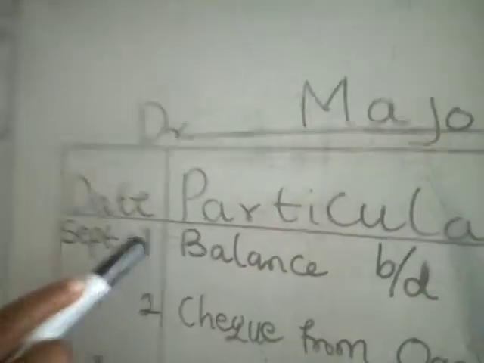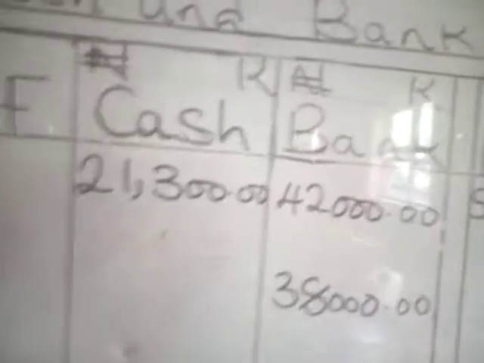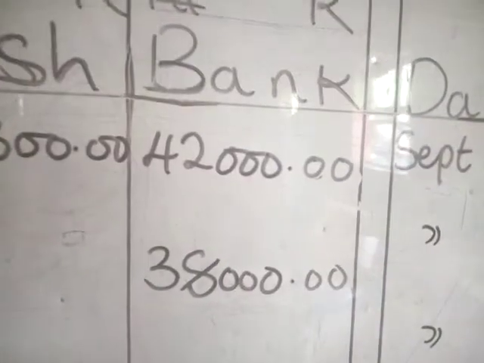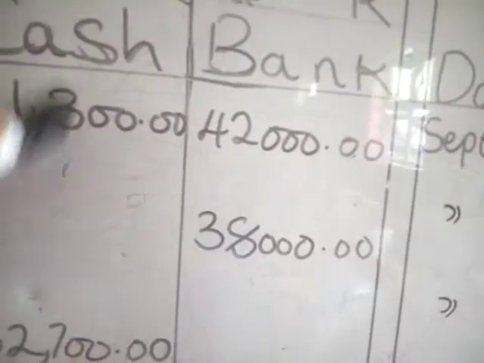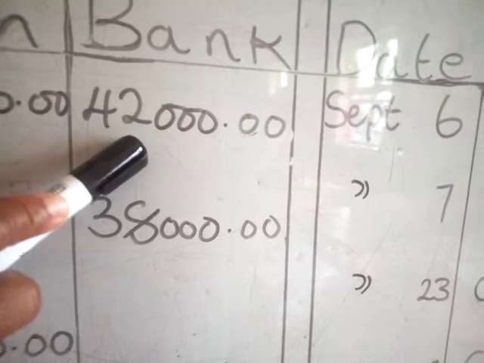On September 1st, we have our balance brought down. Cash, we have 21,300. And the bank, we have 42,000 naira. So the cash, we have to write under the cash column, and the bank, we have to write under the bank column.